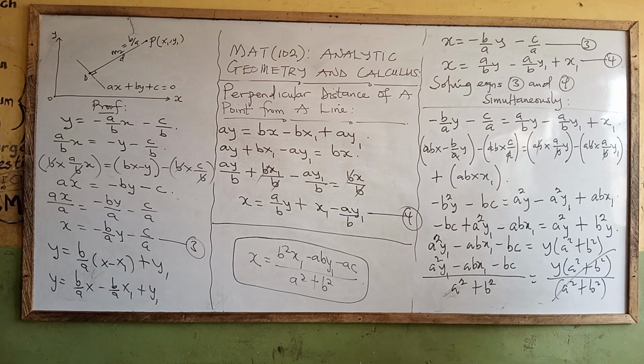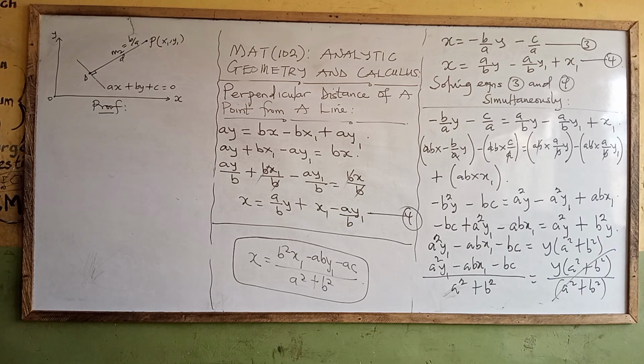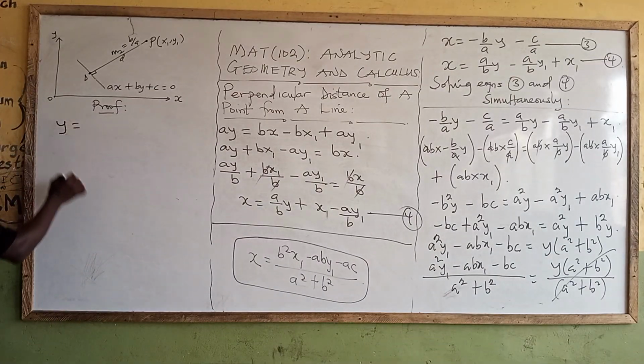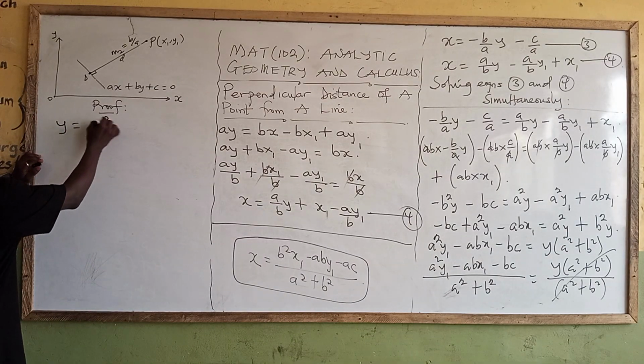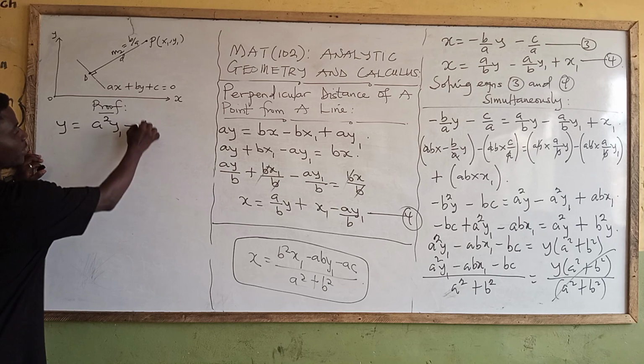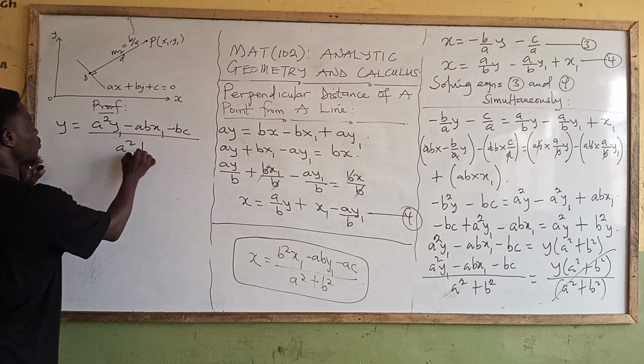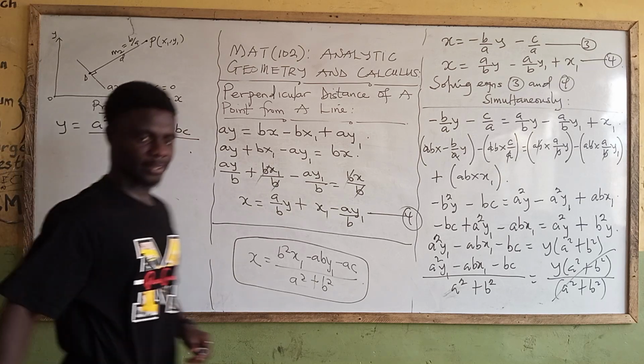So that this one they go away. So now we can get our y. Our y will equal a squared y1 minus abx1 minus bc divided by a squared plus b squared.